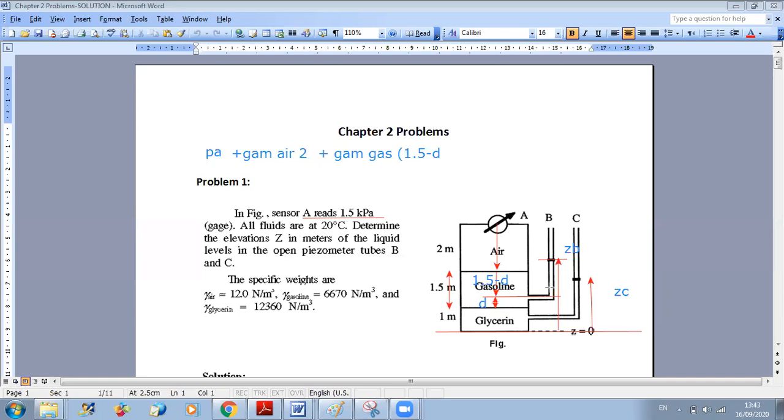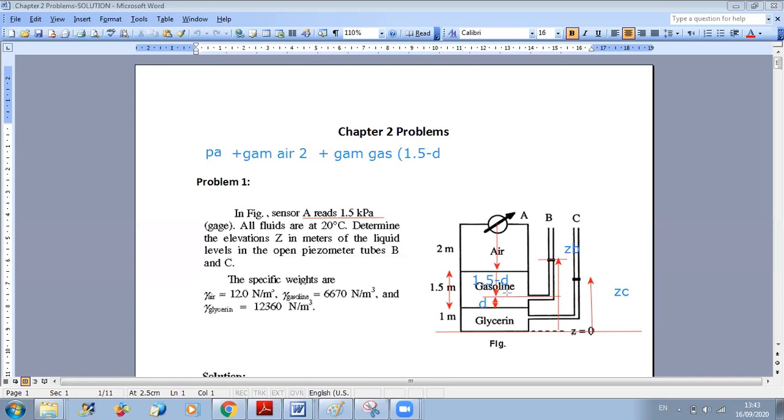Okay, but what you want to do, you want to go from A to this point. So you will not go down here. You will stop at this level because you want to go to this point here. So this is why you need to find only this distance and not the whole one. This distance is 1.5 minus D, okay?